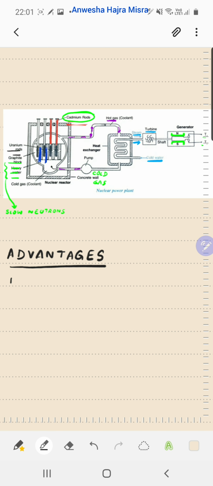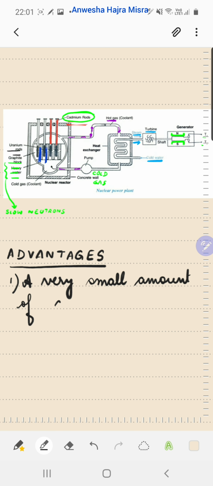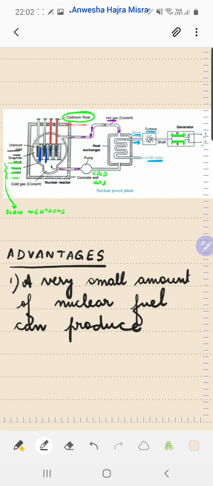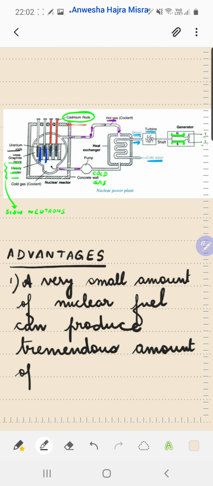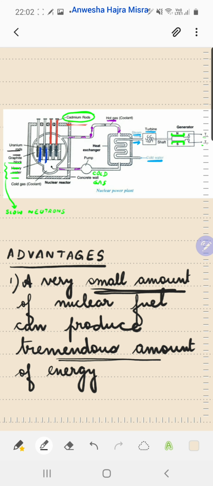Now here, number one, a very small amount of nuclear fuel can produce tremendous amount of energy.